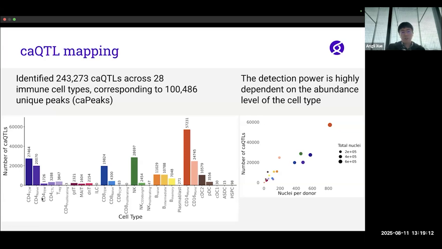But when we check the number of caQTLs against the nuclei per donor, you can see a very clear linear increasing pattern, which tells us that the power is heavily dependent on the number of nuclei. Especially for the rare cell types, we're still lacking power to detect their caQTL signals, and we should keep increasing the sample size, especially for the rare cell types.